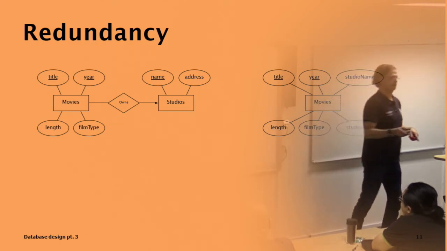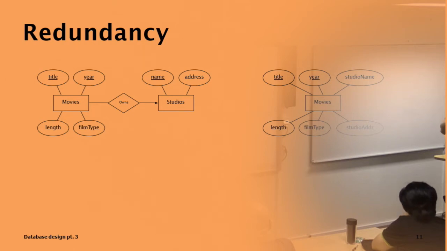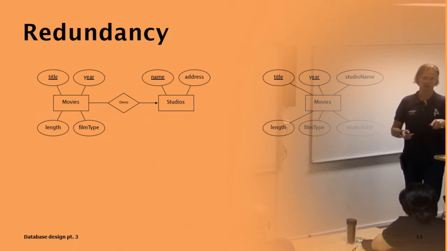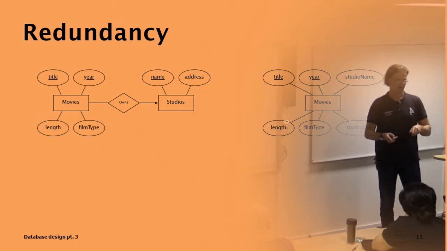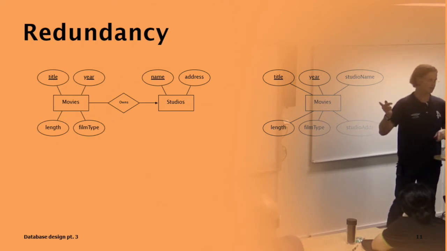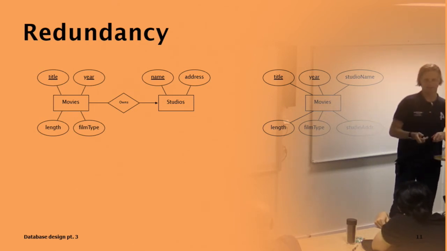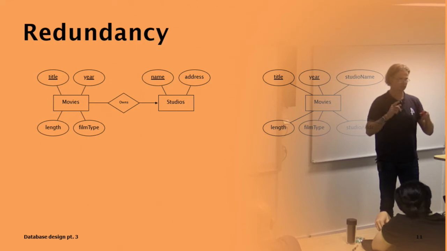Each time you create a new instance of that entity, you also added the studio name and the studio address. So if you change the studio name for one of those instances and forget to change it on the other ones, then you have that integrity problem. Which one of those studio names and addresses are correct?